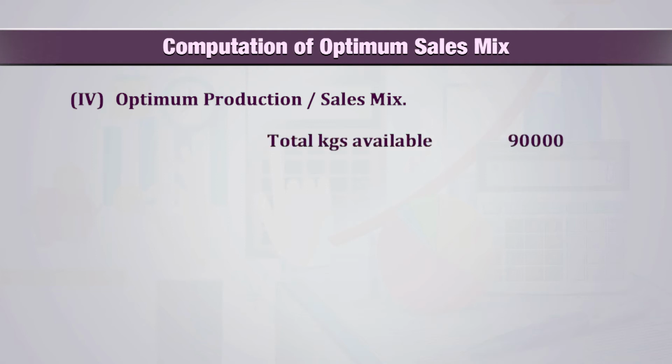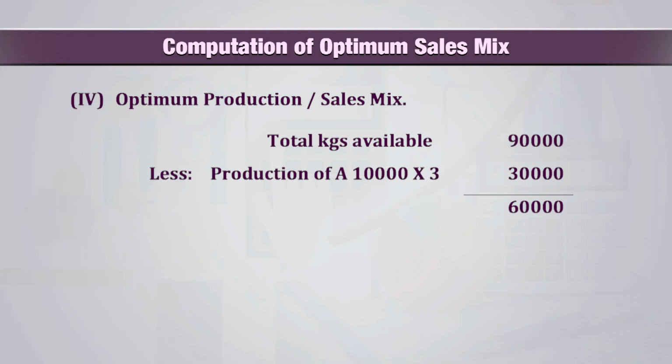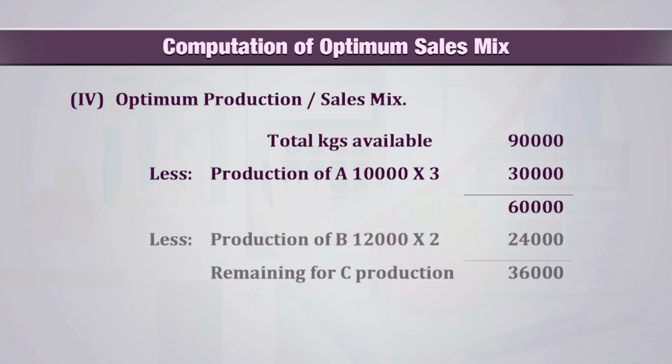Total kgs available to us is 90,000 less production of A, that is 10,000 into 3 gives 30,000. The amount left with us now is 60,000 kgs less production of B, that is 12,000 into 2 gives 24,000, and remaining for C production we are left with 36,000 kgs.